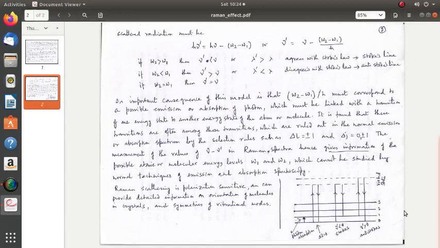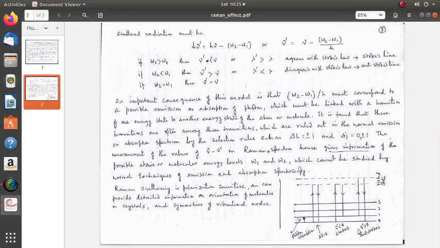And the third case is that the atom absorbs the radiation here, and the atom was in the first state, not in the ground state. So from the first state, it jumps to a virtual state for a very short time, and then while returning, it returns to the ground state. That means nu dash is greater than nu.